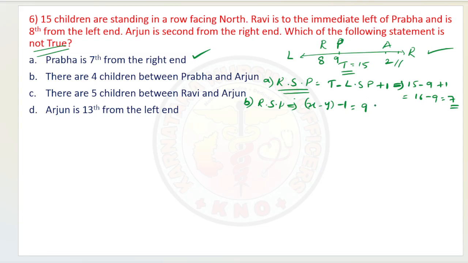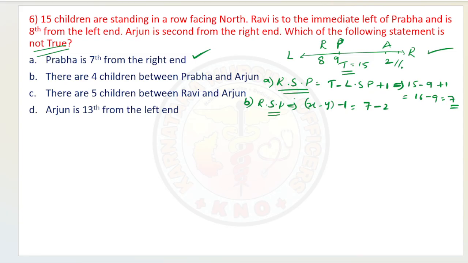Sorry. Prabha's right side position, not this, this is left side position. This is wrong. Okay. We are considering right side position of Prabha and Arjun. So right side position of Prabha is 7. That is X value is 7 minus Arjun's right side position is 2.